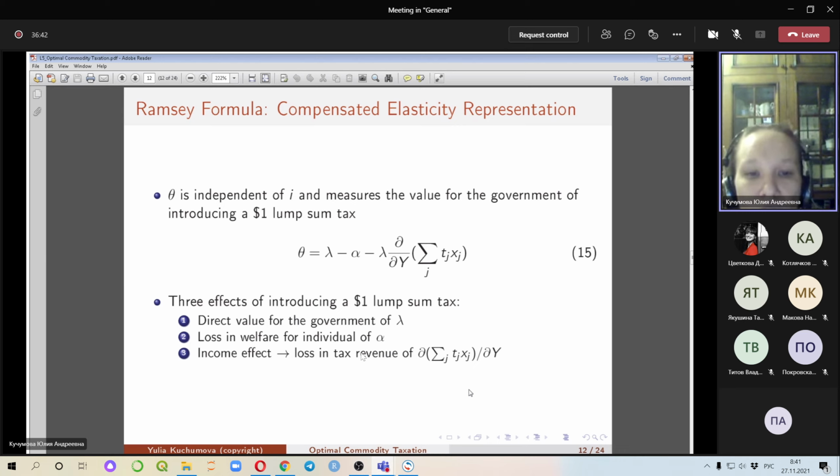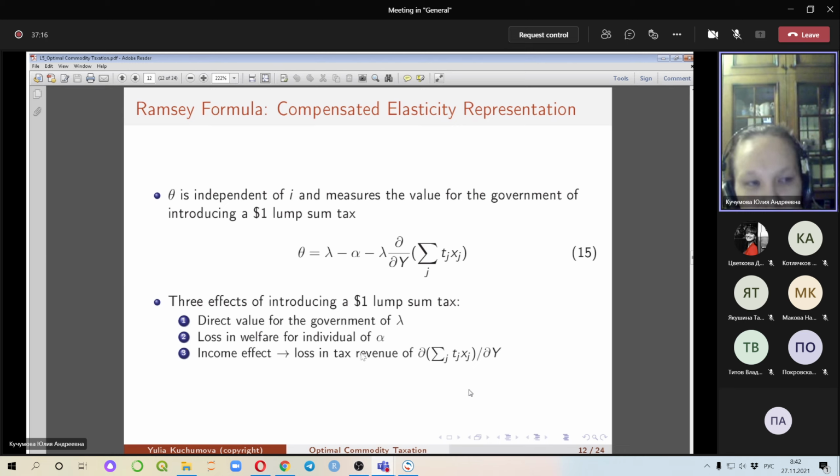So there are three effects of introducing a $1 lump sum tax for the government. Again, the direct effect for the government of lambda, right? By giving $1 to the government, he values the income as alpha.